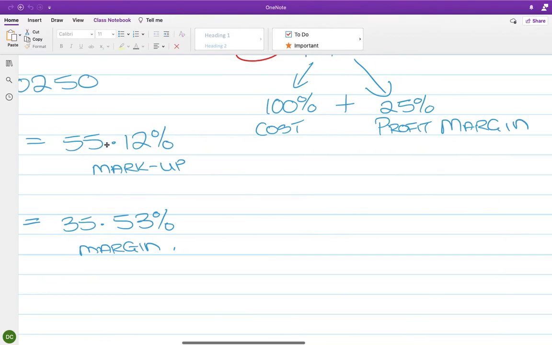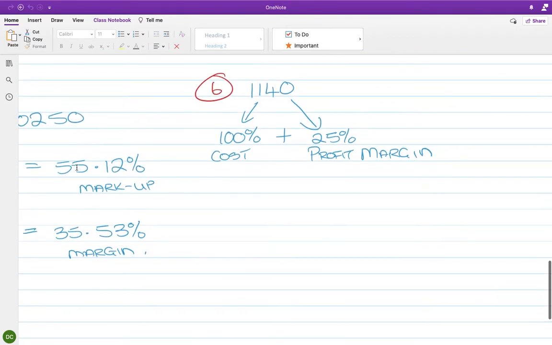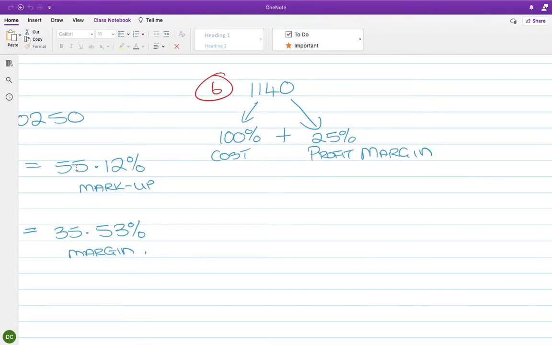Sorry, I'm writing over here. So 125% equals 1140. And we want to know the original cost, so we want to know what 100% is.